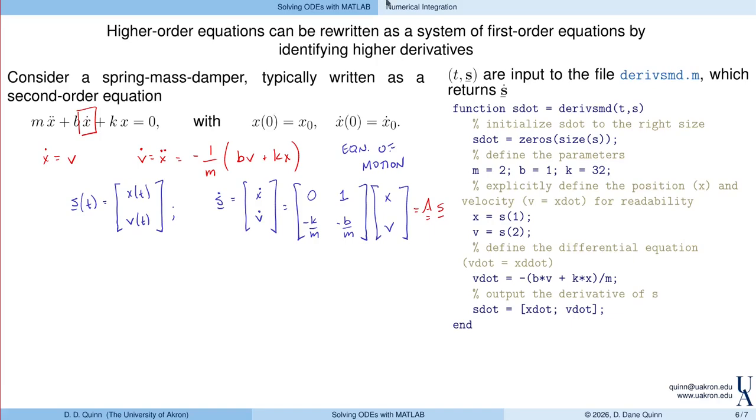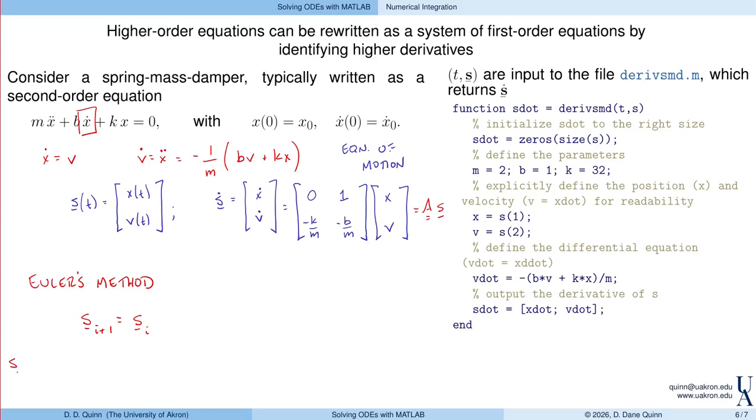Now, if we were to go and use Euler's method on this second order equation, or really two first order equations, we would have S i plus 1 is equal to S of i, right?